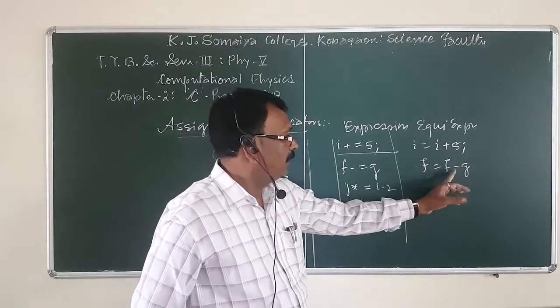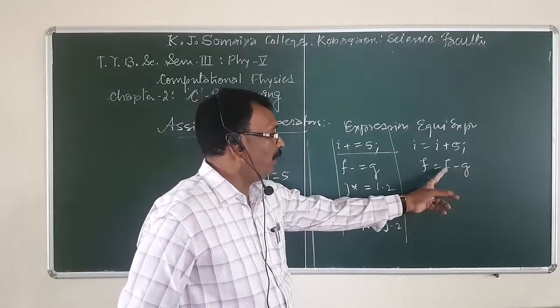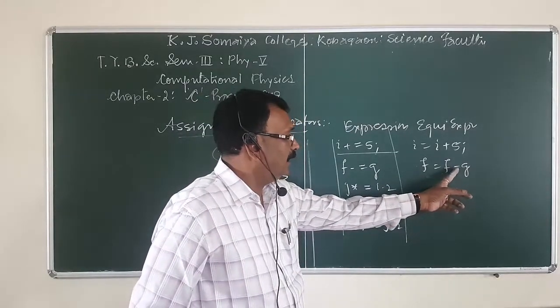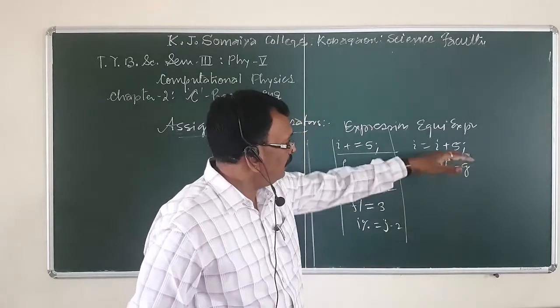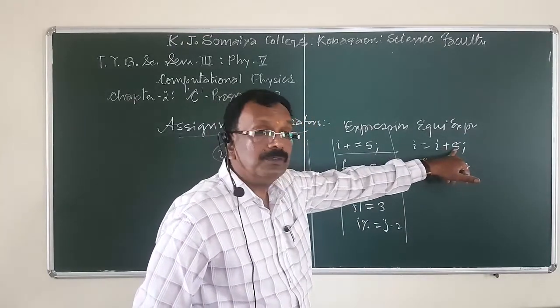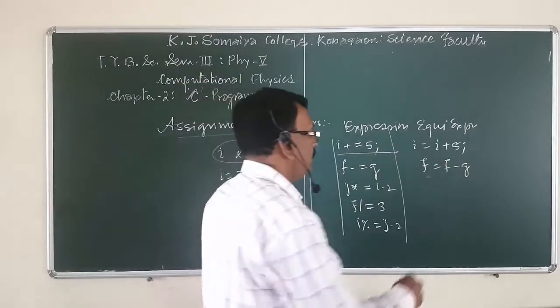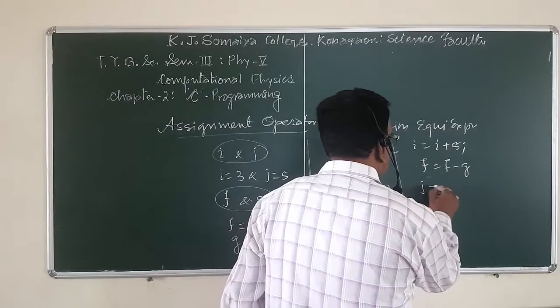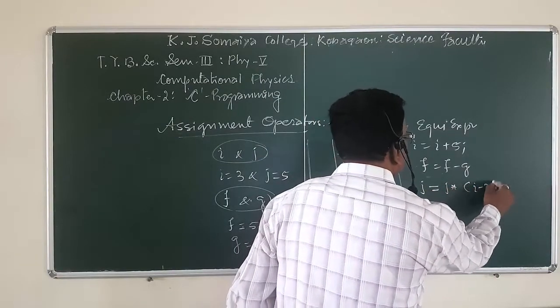That is, take the difference between the two floating point variables f and g, and then assign the result. In the first, add 5 to variable i and then assign to variable i.